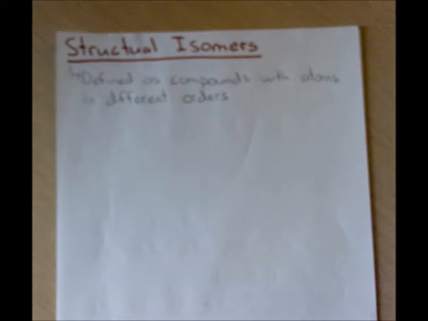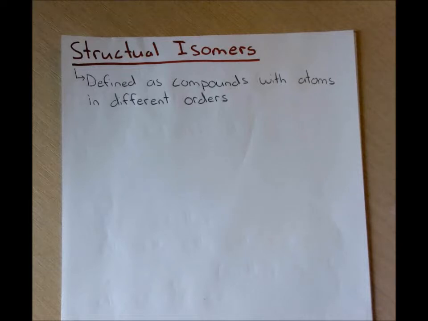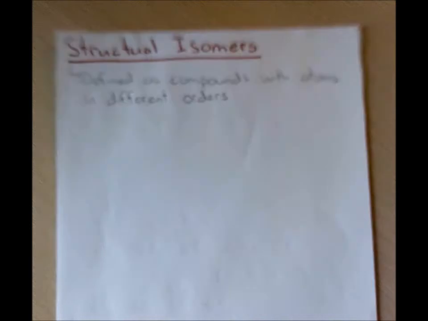Those you could see were all having different orders or arrangements of those atoms that were connected together. Now, one thing unique with structural isomers is that they're going to have different chemical and physical properties even though they have the same molecular formula.